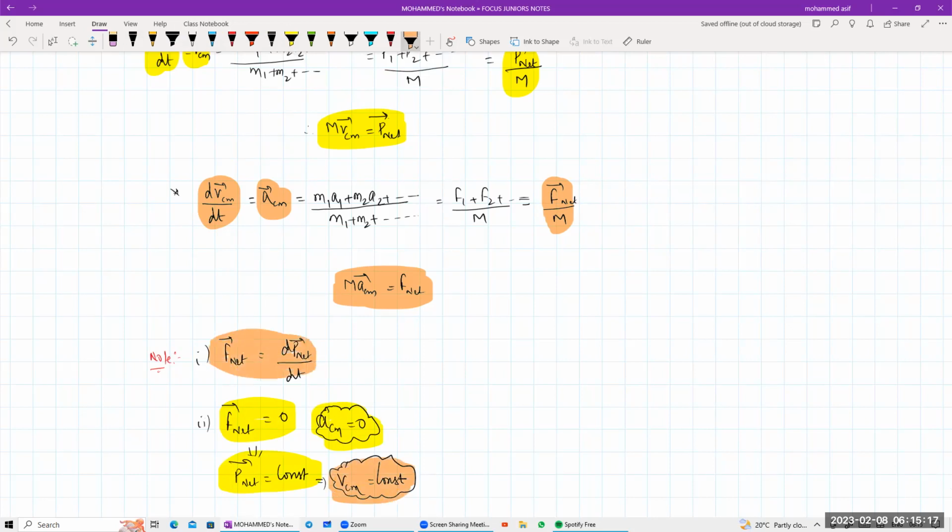From the formula of Newton's second law, F net is equal to dP divided by dt. Done, beta? Clear?